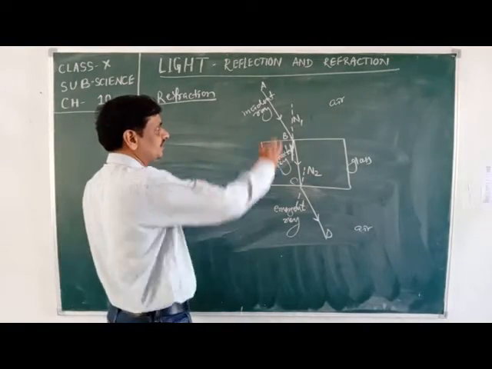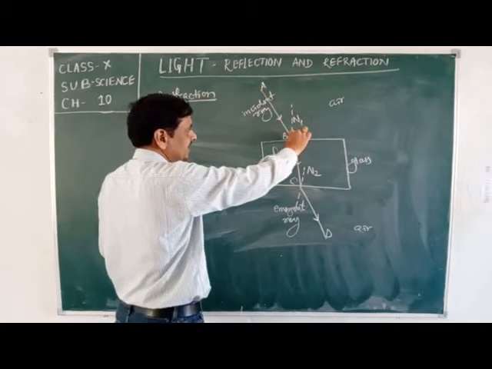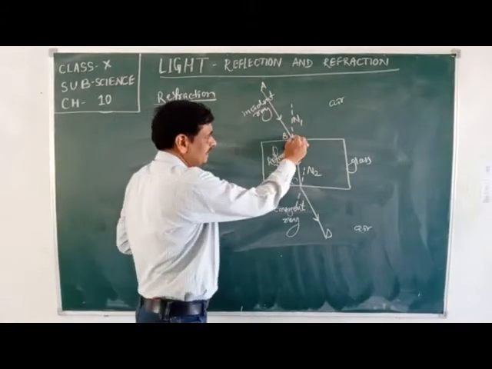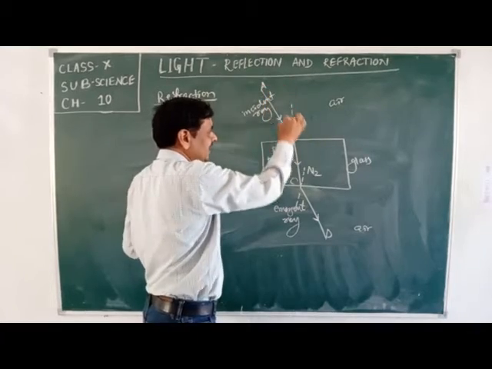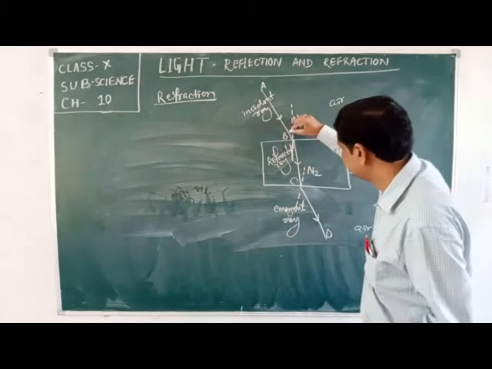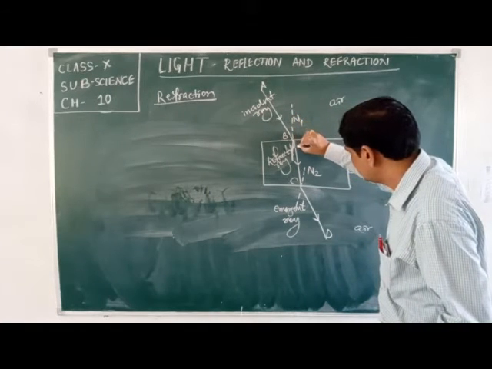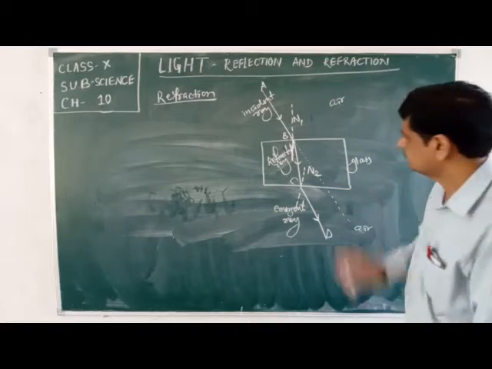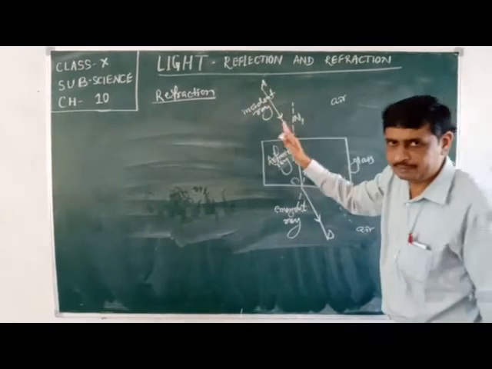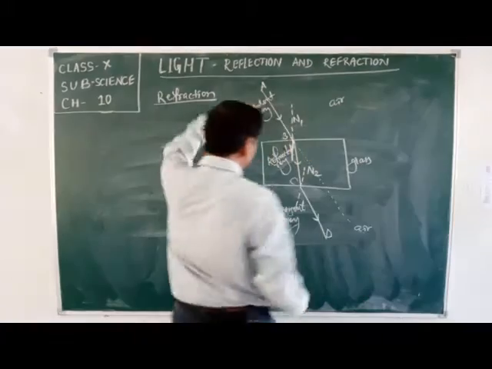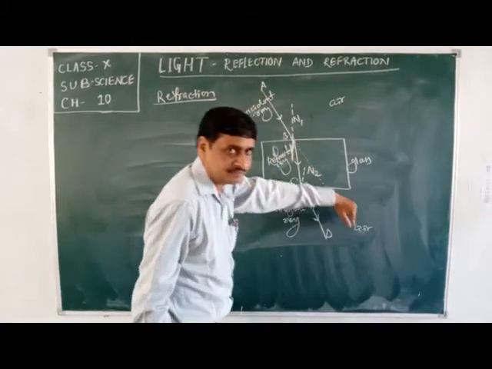Now we will observe the ray AB is bending towards the normal. If this ray AB will pass in a straight line, then it will come in this way. If ray AB will travel in a straight line, then it must pass in this way.